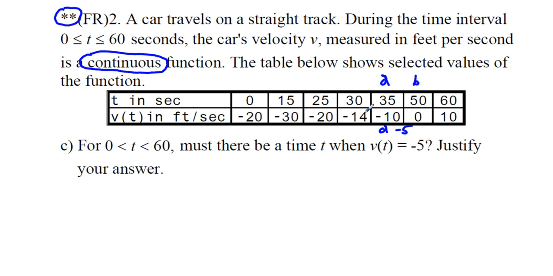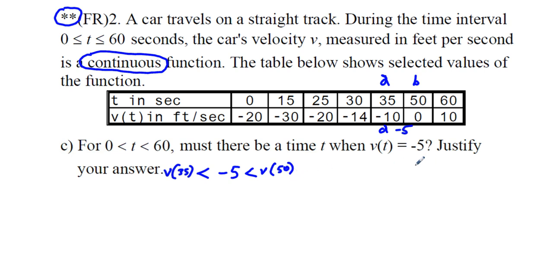So we would say negative 5 is greater than v of 35, but less than 0, which is v of 50.